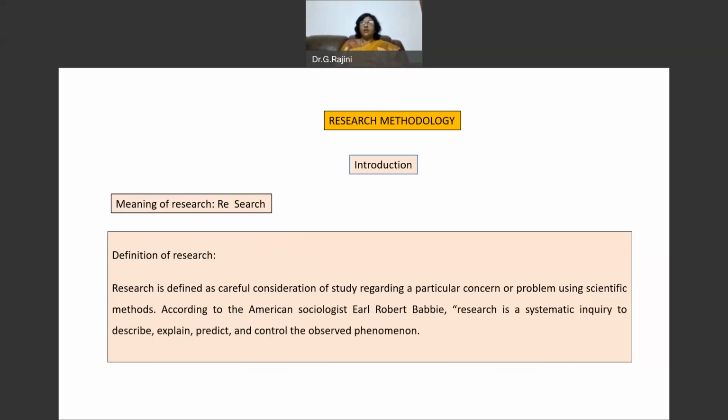When we talk about methodology in research, there are many subjects, like basic science, life science, pharmaceutical sciences, medicine, engineering, agriculture, and so on. But nothing is static; everything keeps evolving and changing from time to time.